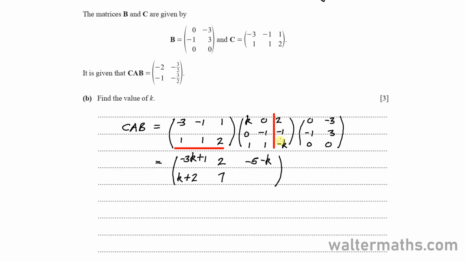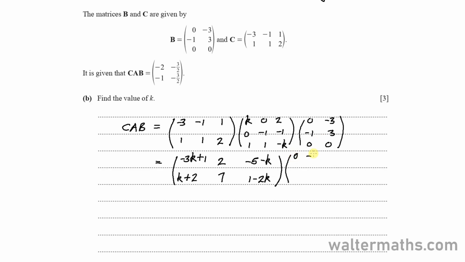Then this row times this column, that's 1 times 2, which is 2, plus 1 times minus 1, that's minus 1, and plus 2 times minus k, which is minus 2k. Now 2 minus 1 is 1, so we'll be having here 1 minus 2k. And all this is multiplying.